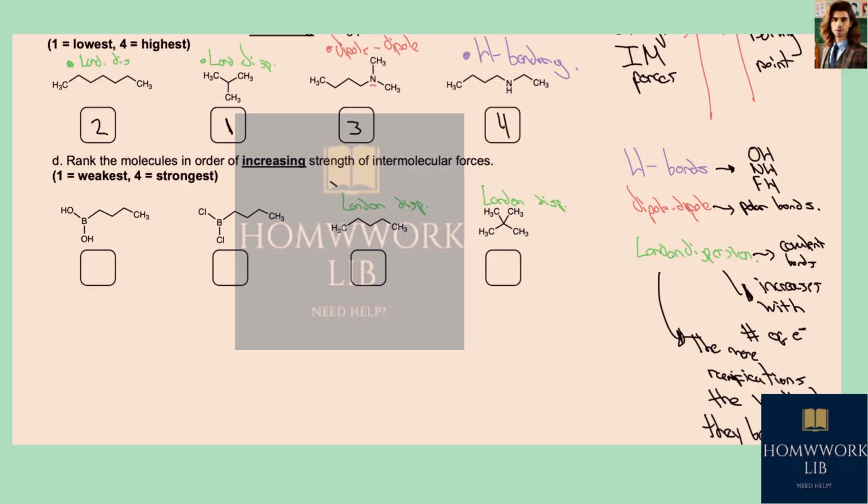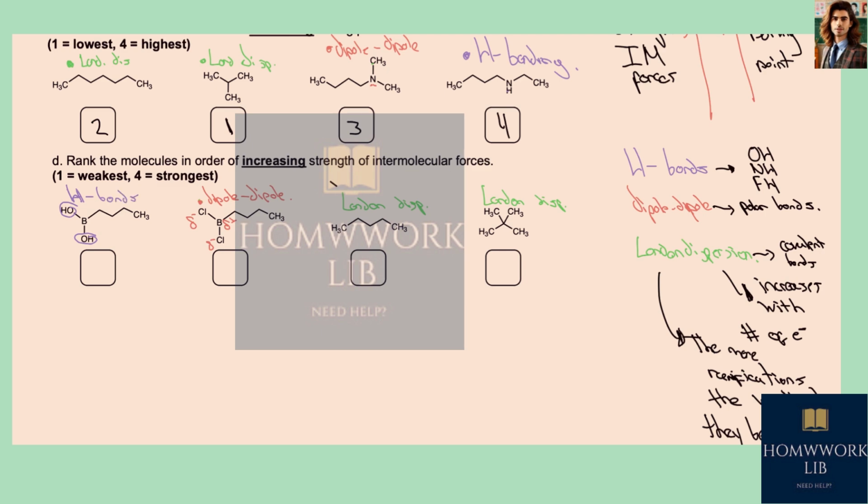Over here, we're going to have dipole-dipole interactions because these are clearly polar bonds. As you see, over here we're going to have a delta minus and a delta plus because of these polar bonds. And finally, due to the presence of this OH group, and also this OH group, we're going to be able to have hydrogen bonds.